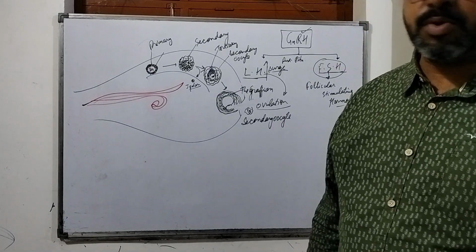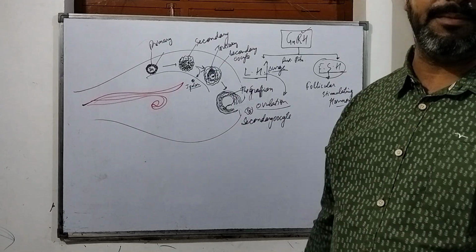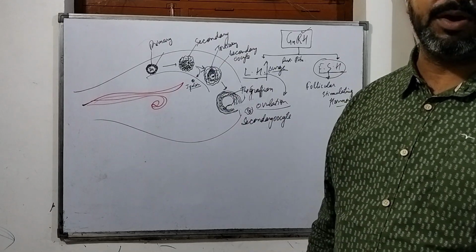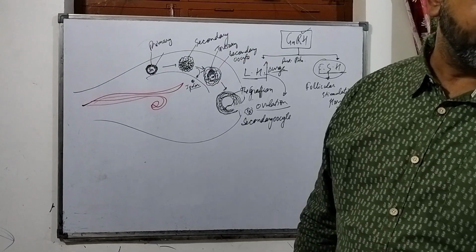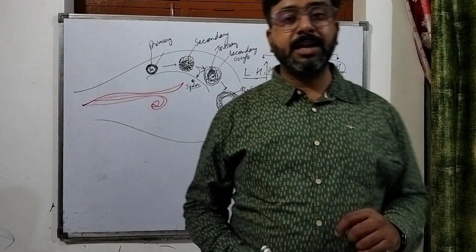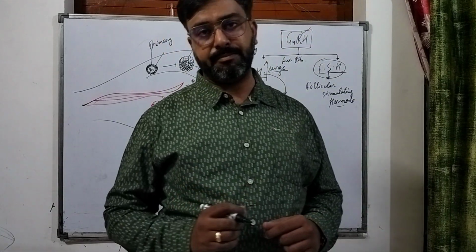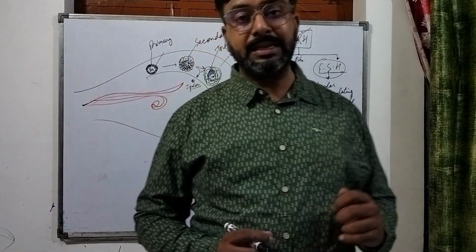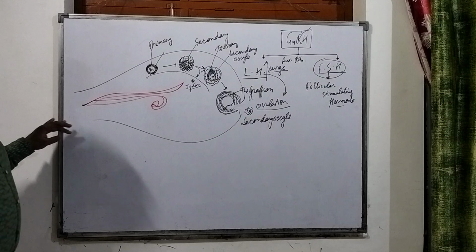Then one more assertion-reason question was asked in the same 5th of May 2024 examination. I am reading it. The assertion was: FSH acts upon the ovarian follicles in females and Leydig cells in males.